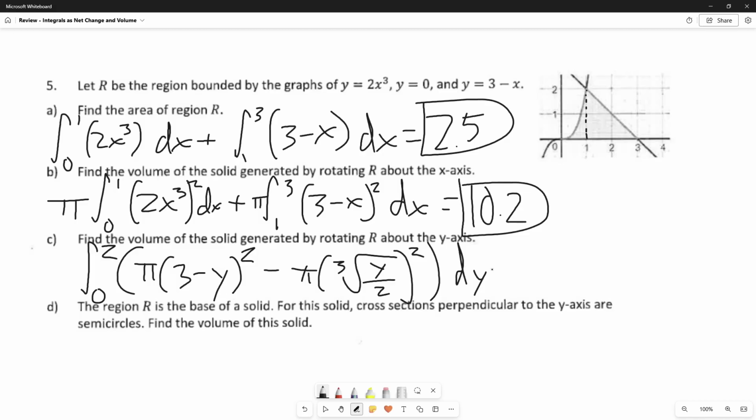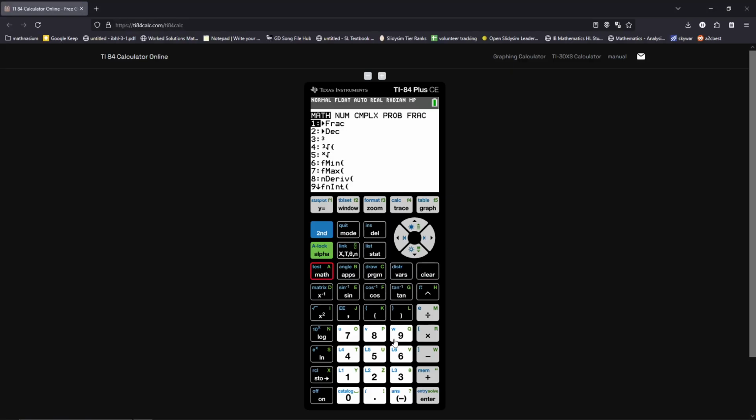Or you could substitute all of the y's for x's when plugging it into your calculator. So you just do integral from 0 to 2 of pi times 3 minus x squared minus pi times the cube root of x over 2 squared with respect to x.